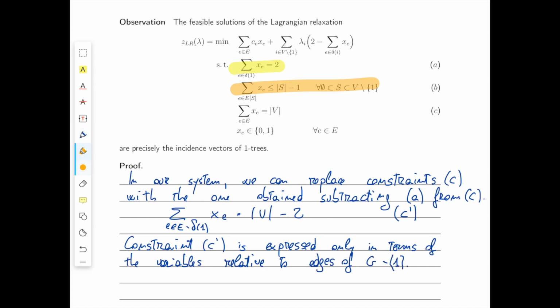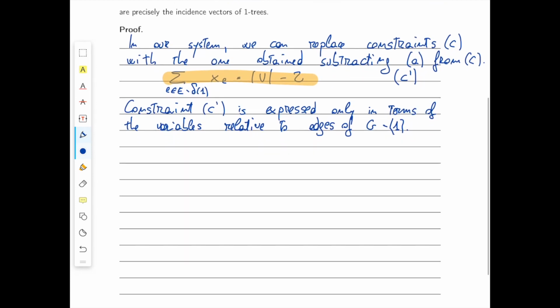So essentially I can highlight it in orange. So now we can write our feasible set as a product. Let's do that.